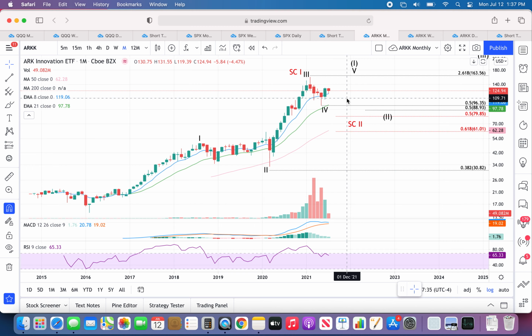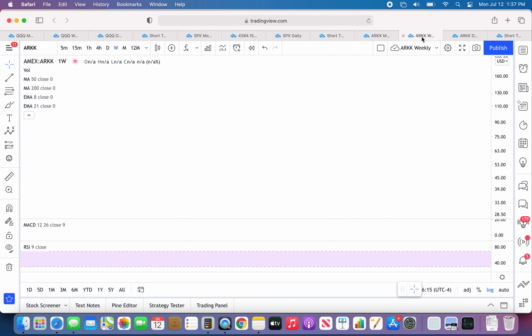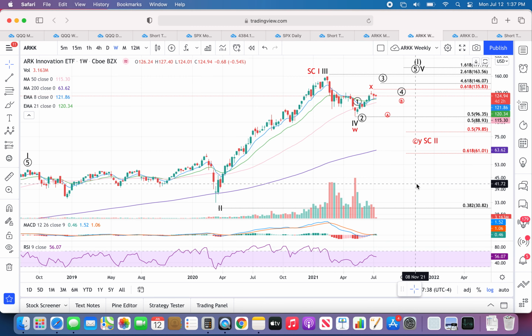Now, as we kind of drill down, I want to point out there's some things that ARKK has not yet conquered. It has not yet beat a bearish 0.618 fib retracement of the entire selling leg from February to May.